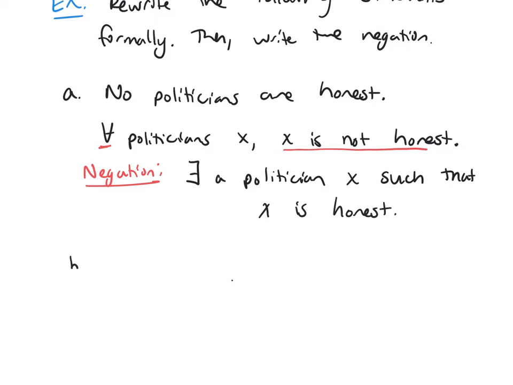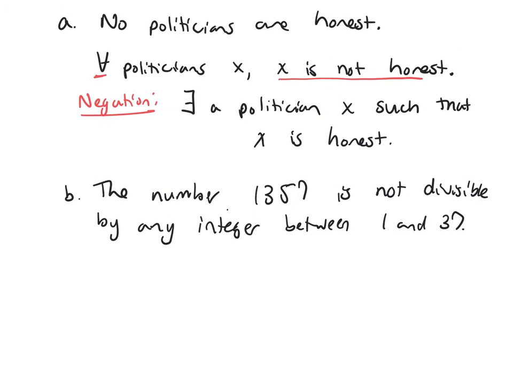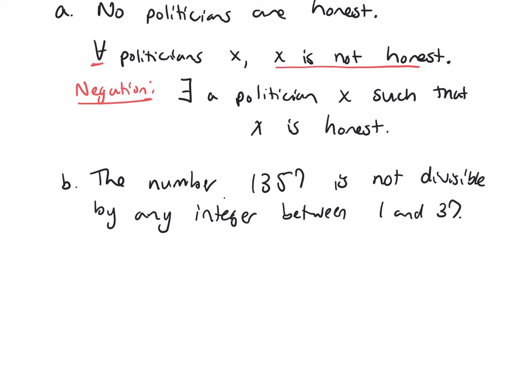Let's look at another one of these. So the number 1357 is not divisible by any integer between 1 and 37. So here we're going to identify our quantifier.